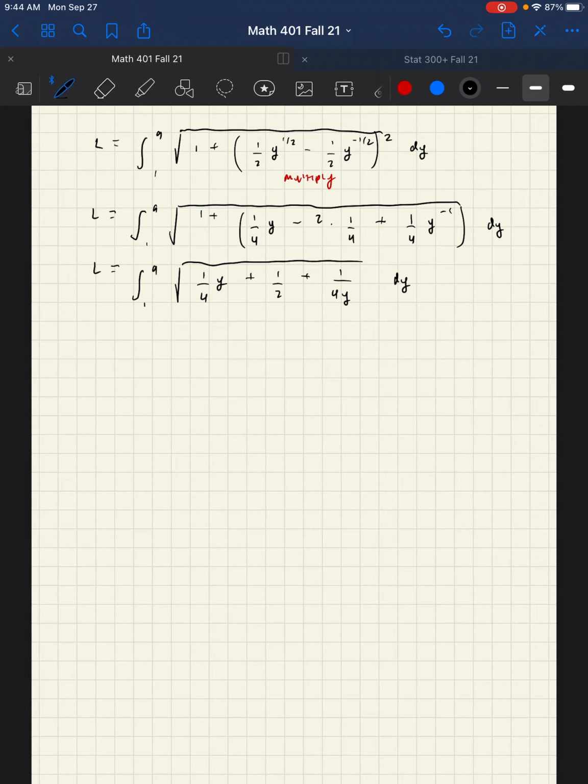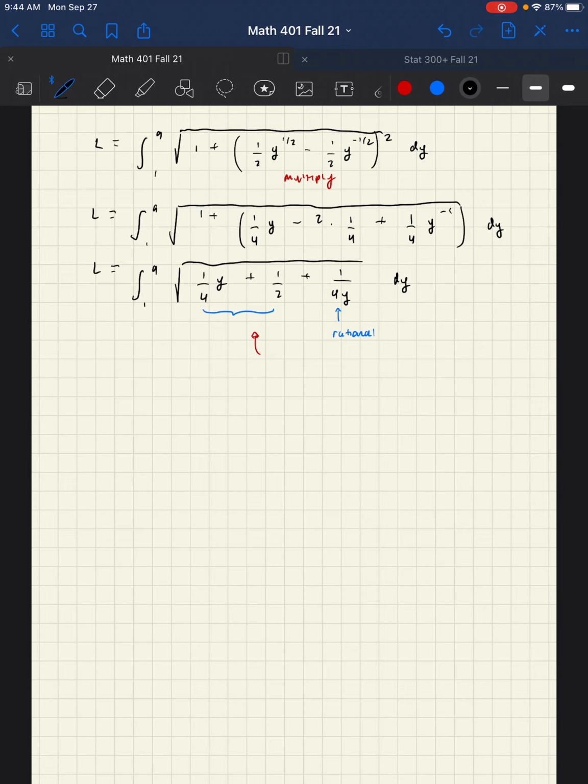And so that's what we have there. And so you'll notice that we have inside the square root a linear part plus a rational part, all underneath the square root.